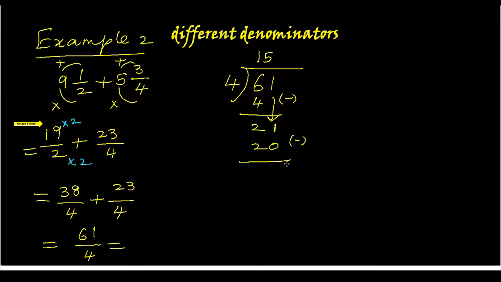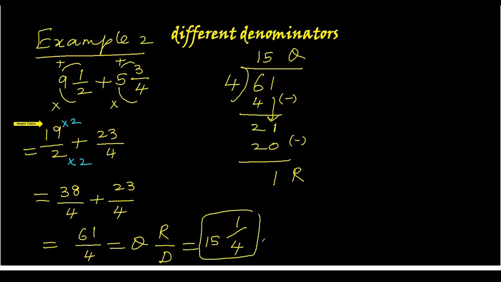Take away. This is the remainder. This is the quotient. We know the format: quotient, remainder and divisor. The quotient is 15, the remainder is 1 and the divisor is the same divisor. 15 and 1/4. This is the final answer.